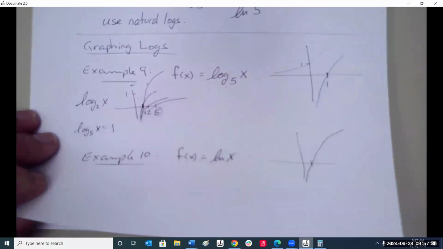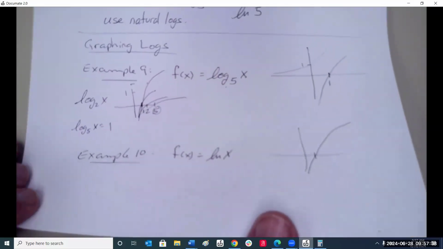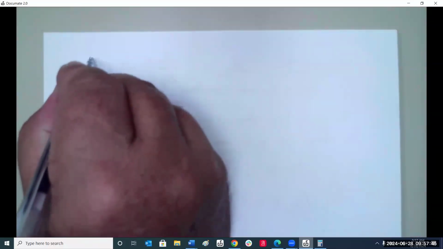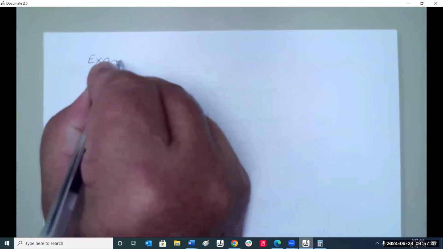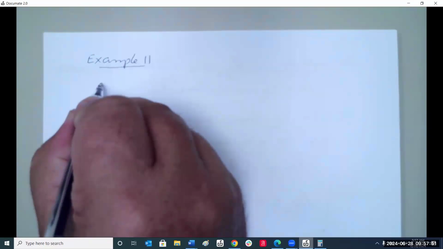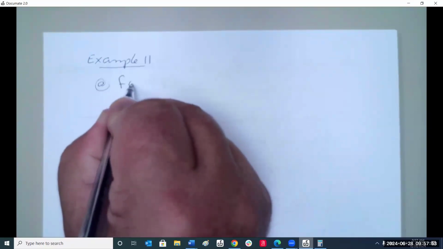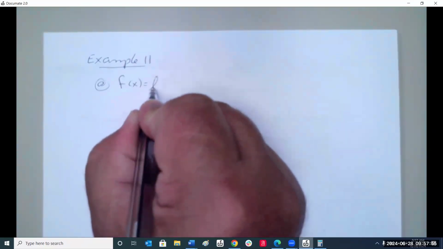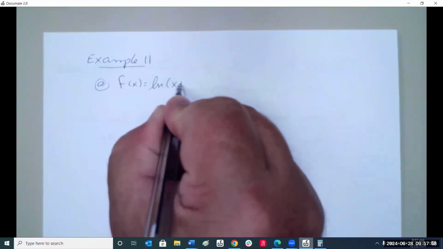Now let's look at transformations. Example 11. A, f of x is equal to ln x plus 3.